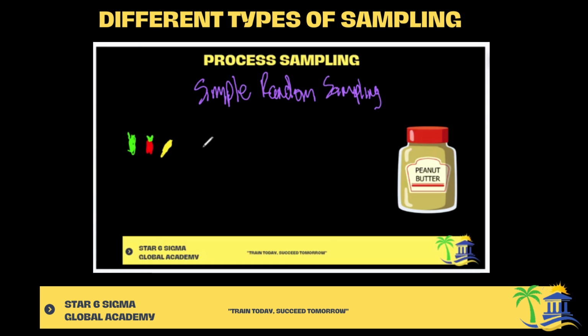And I'll just use dots to represent it going forward. What it's saying here in simple random sampling is the numbers can be randomly selected, just like getting it out of a jar.